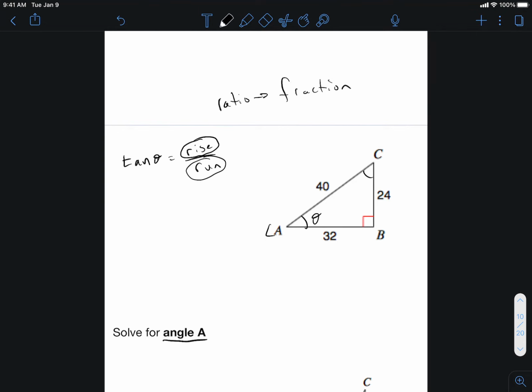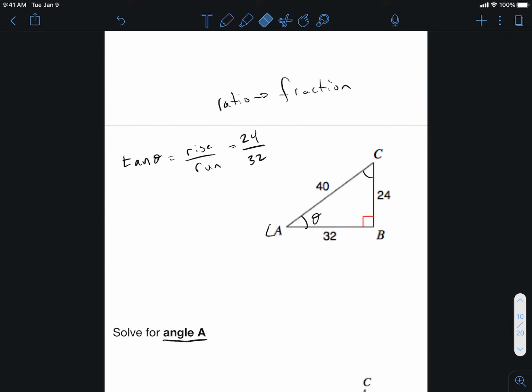Rise was how tall the triangle is, and in this question, it's 24. The run is how long it is, and that's 32. We said we don't really need this rise and run terminology anymore because we're not dealing with lines, we're dealing with triangles.